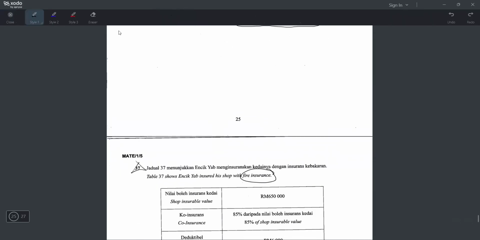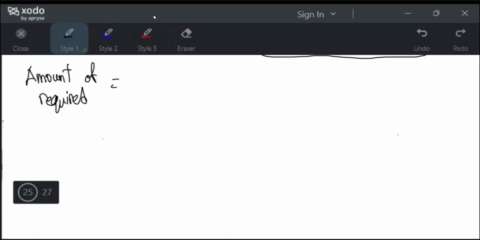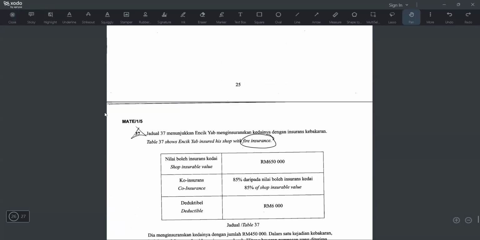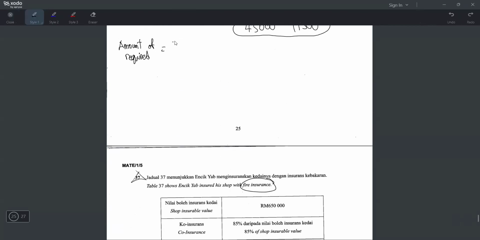Okay, fire insurance. The first formula that you need to know is how to find the amount of required insurance. The formula is, you take the insurable value multiplied by the co-insurance percentage.